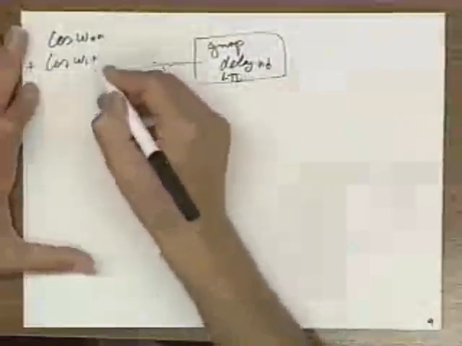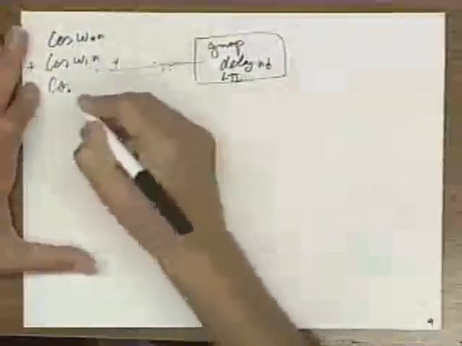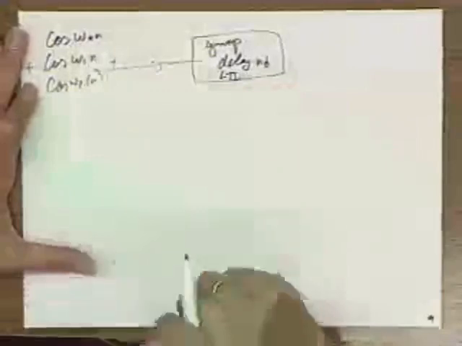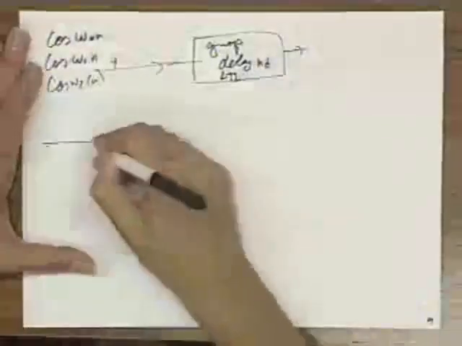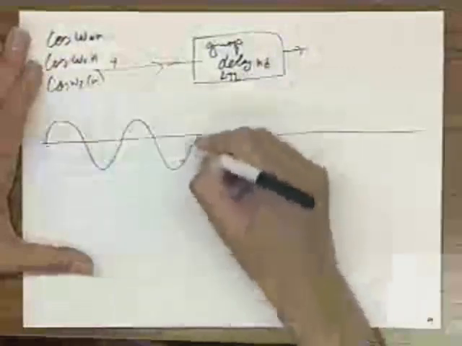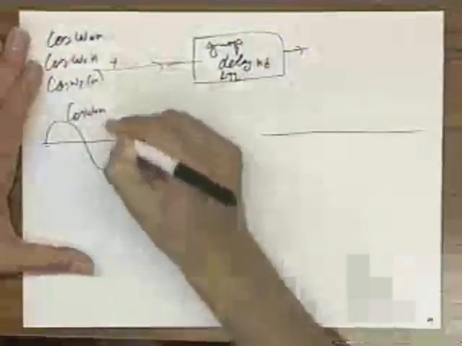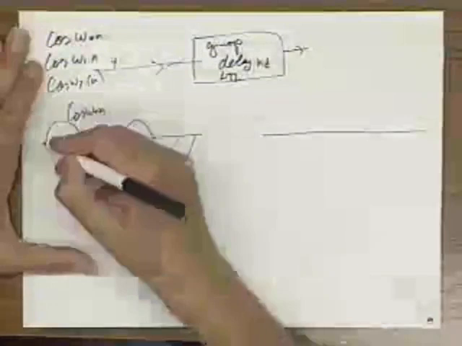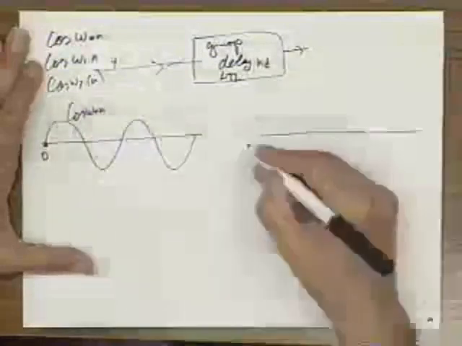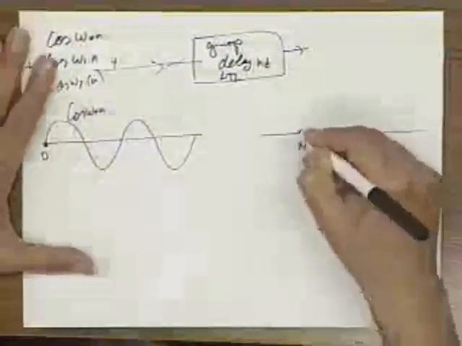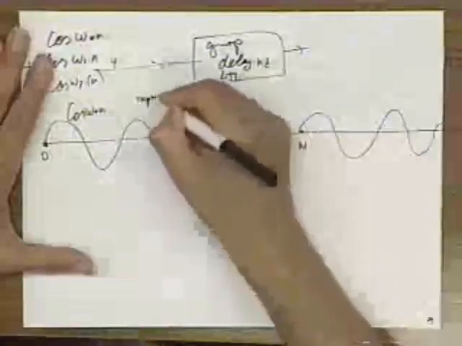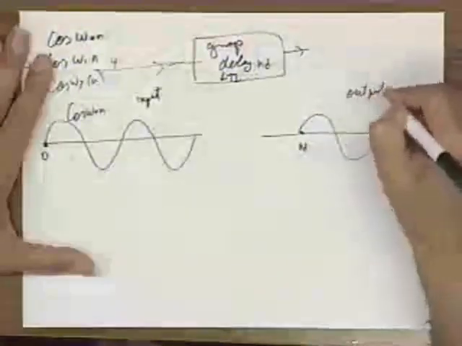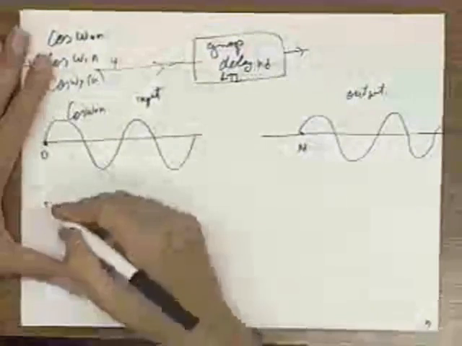That means if I input to it, let's say, a sum of different sinusoids, cosine omega naught n plus cosine omega 1n plus cosine omega 2n, where these are all different. So at the input, here's cosine omega naught n, pictorially. It starts at time 0, and it gets delayed by time n sub d.